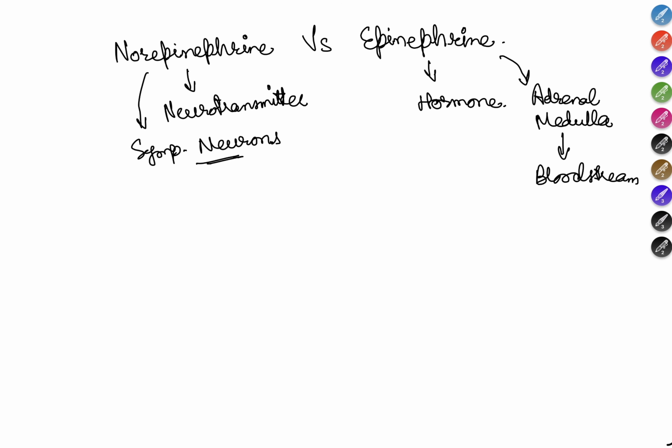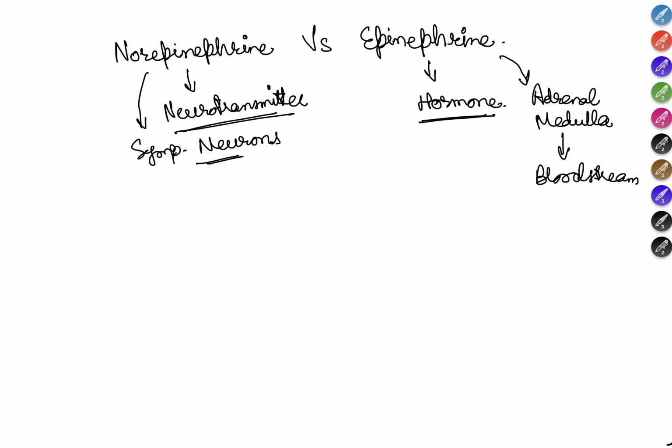Okay, so when it is released directly into the bloodstream, it behaves just like a hormone. So that is one essential difference between norepinephrine and epinephrine, that you can call norepinephrine a neurotransmitter while you can call epinephrine a hormone. Okay, so that is one important difference.